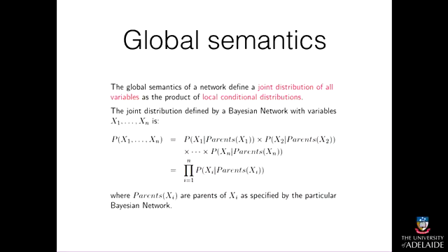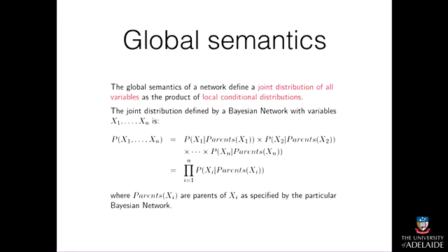With the Bayesian network, we can compactly represent the joint probability, sometimes called global semantics. Imagine we have a joint probability for random variables X1 to Xn. We can use the basic rules in a Bayesian network to factorize it into this term. We just consider each random variable and its parents, and use the product of these conditional probabilities to represent the joint probability.